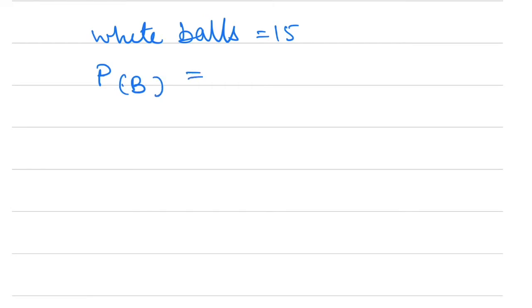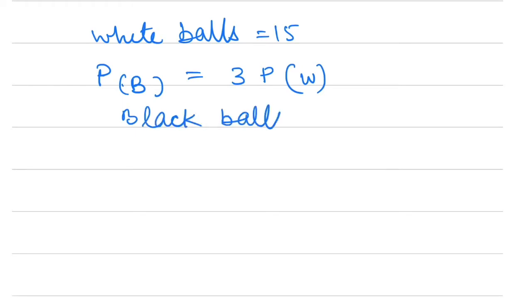Question number 12. In this question, we have a bag containing white balls 15 and some black balls. Now the probability of drawing a black ball is equal to 3 times the probability of getting white ball, and we have to find the number of black balls.